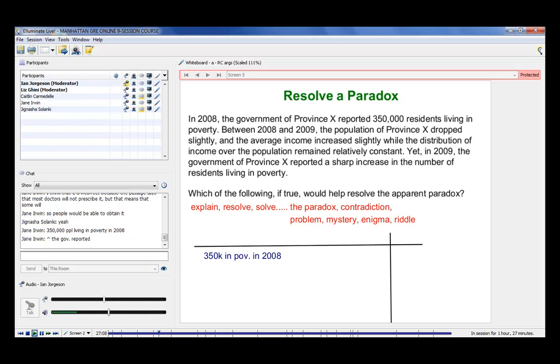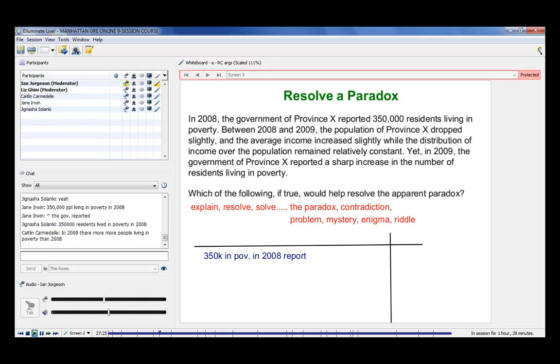Okay, that's the first one. Government reported this number. Yeah, maybe I'll add that because that might be important, that it's a government report. Does that mean that's the actual number of people in poverty? We don't know, right?